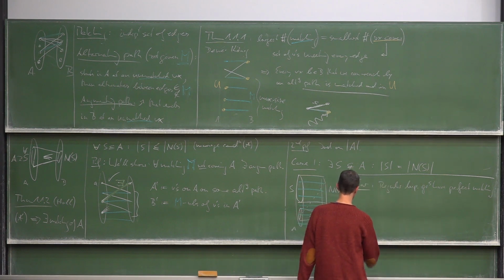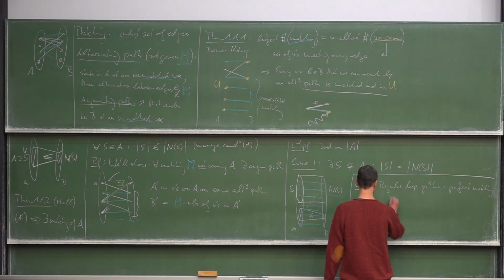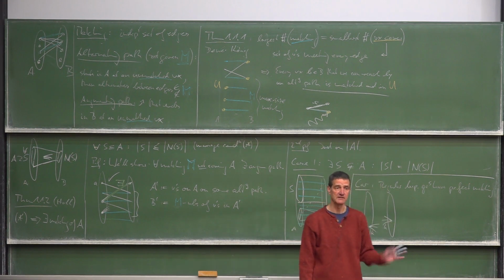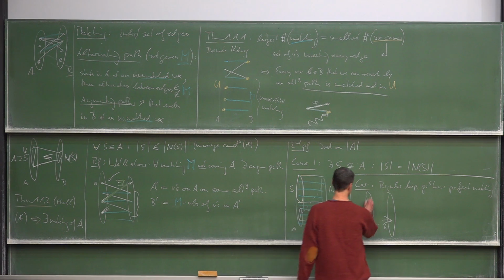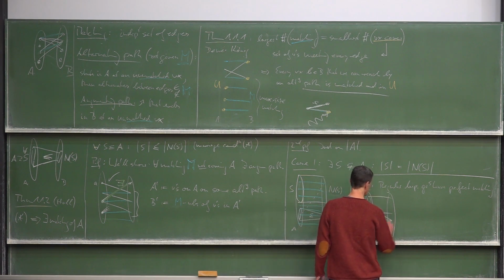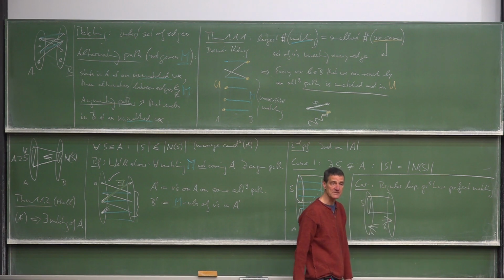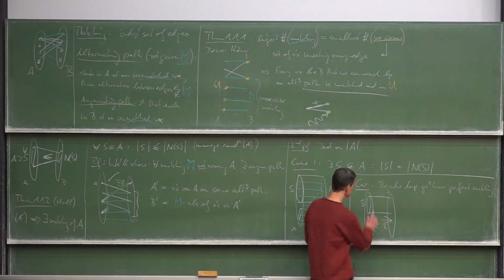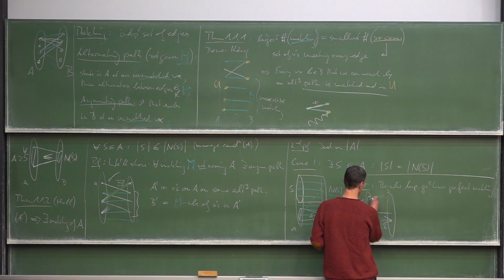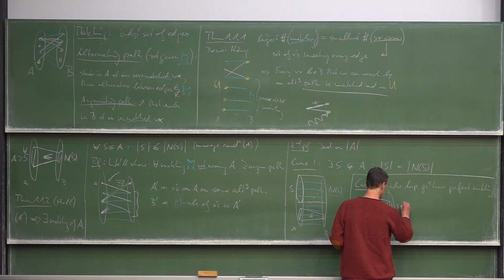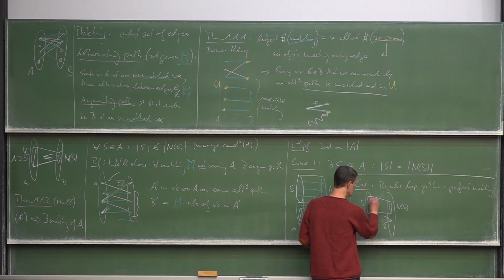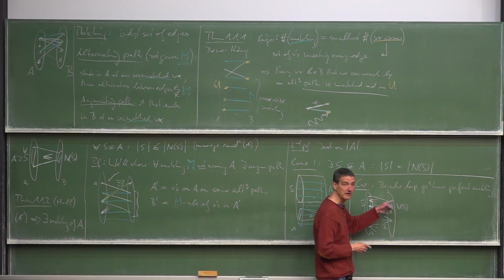So why is that the case? Well, we'll just have to check Hall's condition, the marriage condition. If all degrees are k for some fixed k in the entire graph, left and right, then any S must have at least as many neighbors as it has elements, because if it had fewer neighbors, so if that was the entire neighborhood of all of S, then all these edges here, k for every vertex, they all go there.